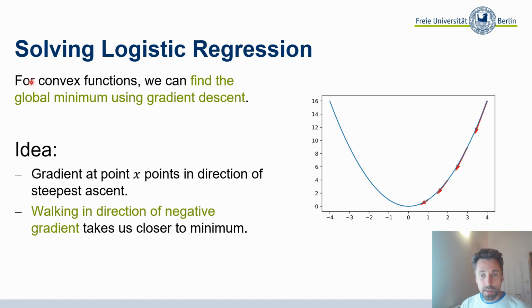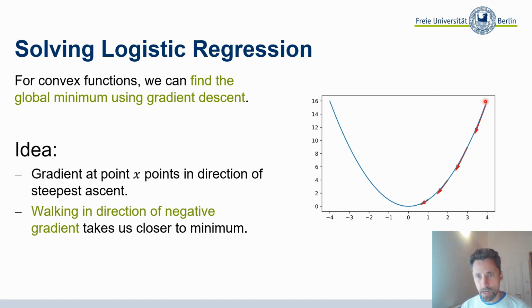So the function that I've just shown you, the cross entropy loss, is a convex function, and we don't have to explain what that means, but we are guaranteed to find the global minimum using gradient descent.